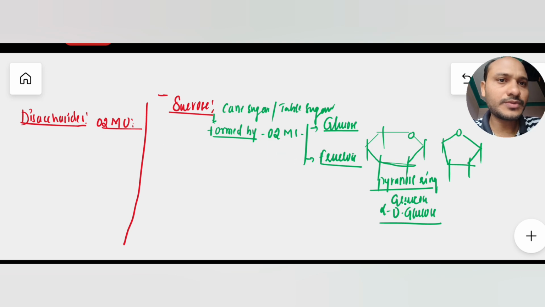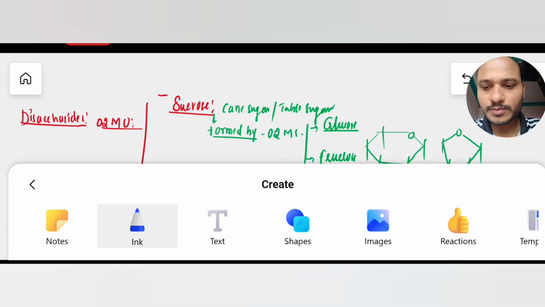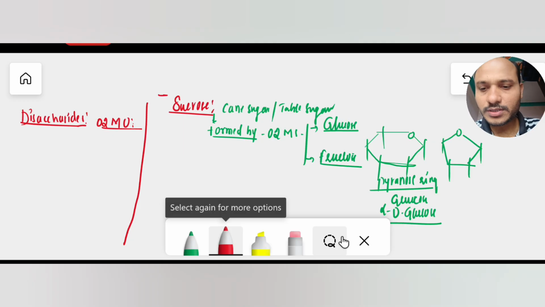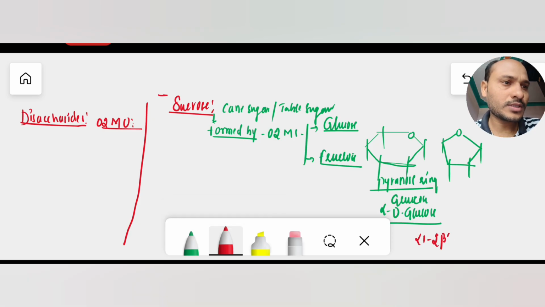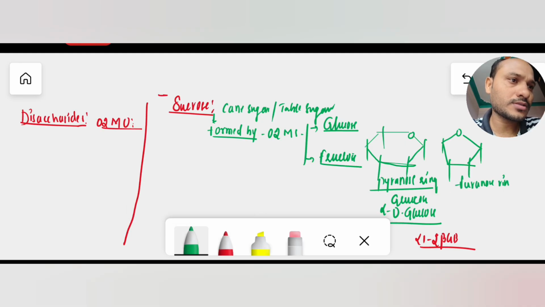In between, we have various bonds. It is alpha D for glucose, and here there is a bond formed, that is an alpha 1,2 glycosidic bond. This is the ring structure of fructose.